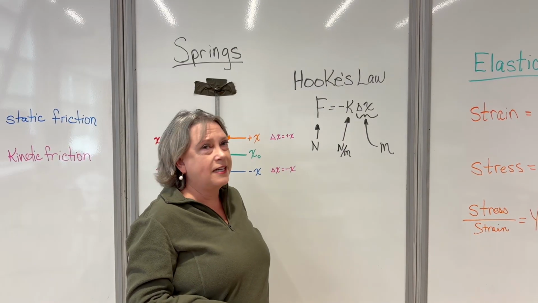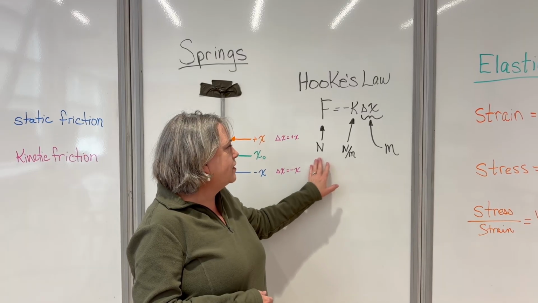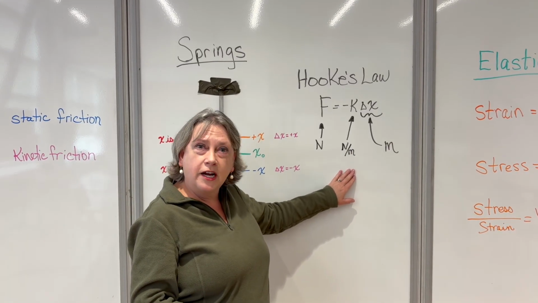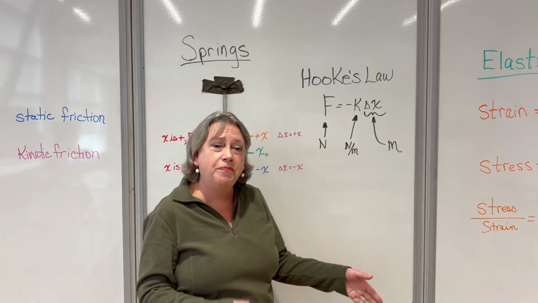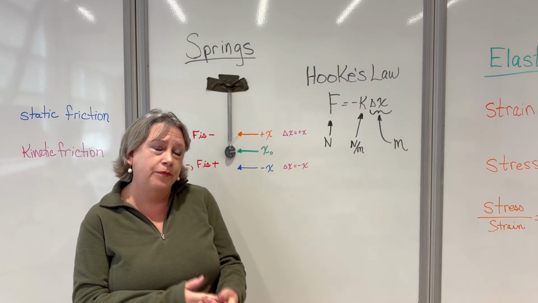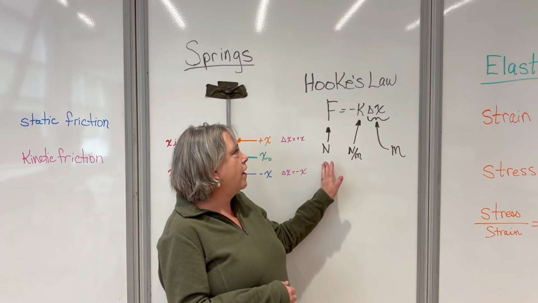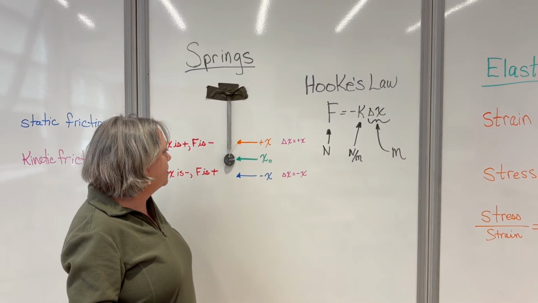The units are forces in newtons, displacements in meters. So our spring constant, also called our force constant, is in newtons per meter. k is always a positive value, and that's because the sign on the force and the displacement are always going to be opposite.